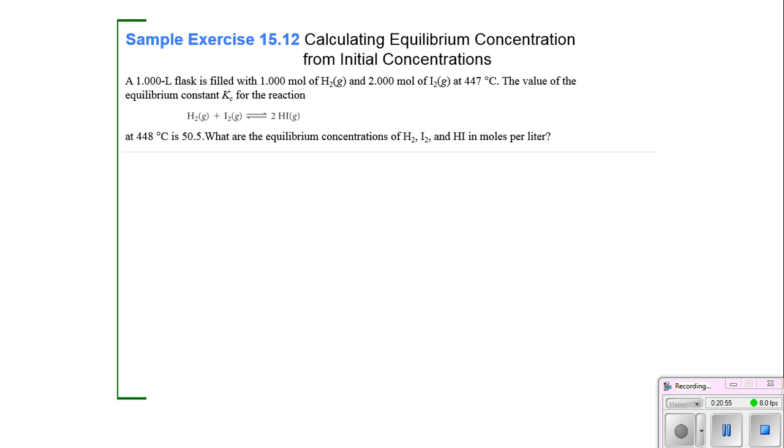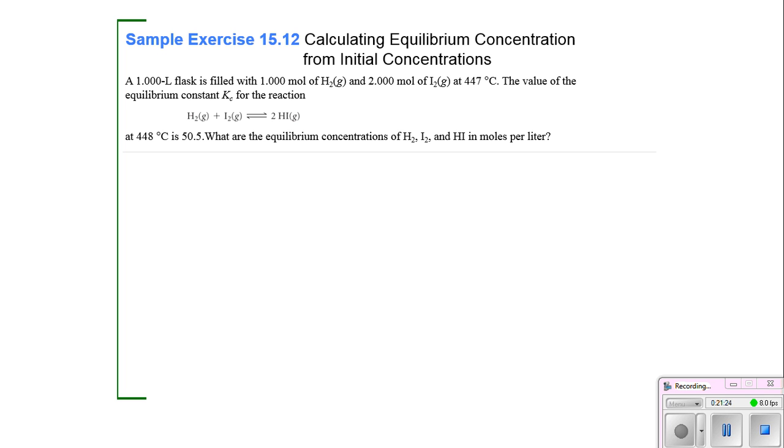This is actually on page 629. So we have a 1 liter flask filled with 1 mole of hydrogen gas and 2 moles of I2 gas at 442 degrees Celsius. The value of the equilibrium constant, Kc, for the reaction, there's our equilibrium reaction, at 448 degrees Celsius is 50.5.